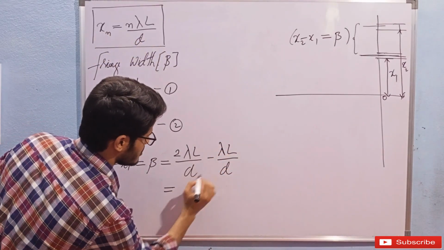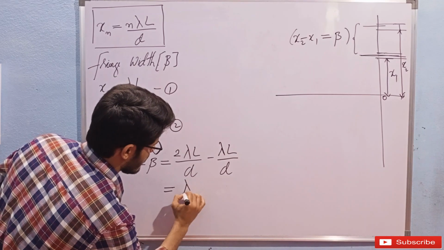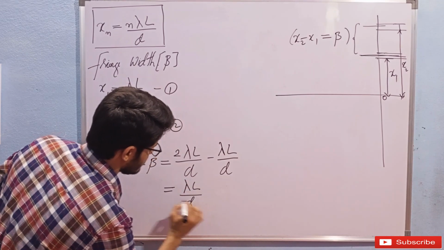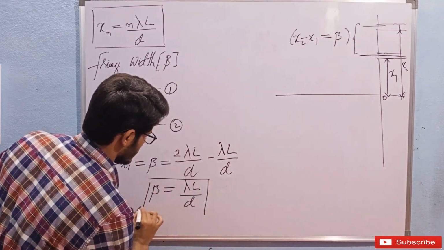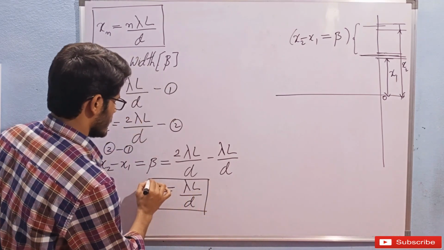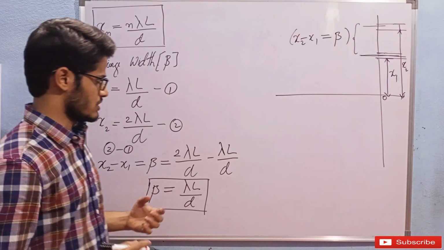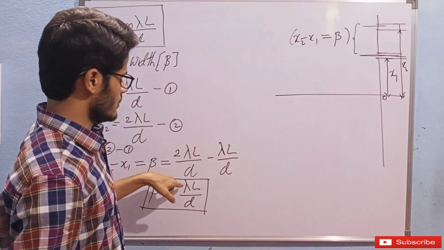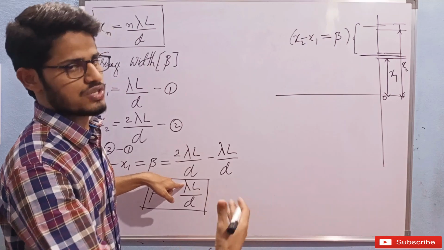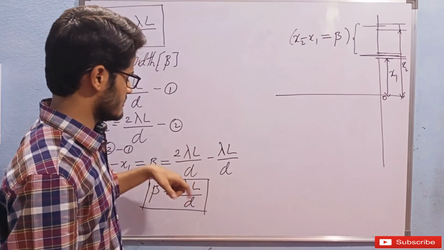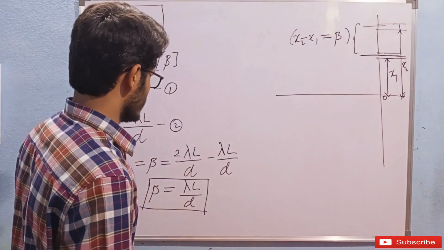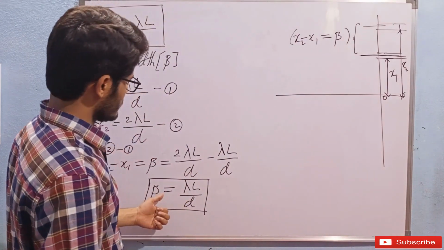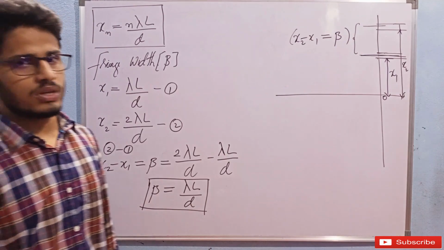And now from here I get lambda L by d as my fringe width beta. So how can I get the fringe width beta? If you know the lambda, the light which we are using, and L is the distance between the slits and the final screen, and d is the distance between the slits, this is how you can find out the fringe width beta.